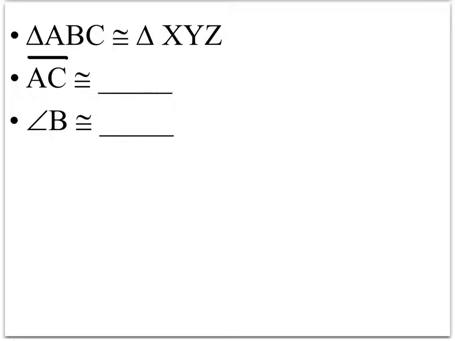That line segment AC is congruent to XZ, since A and C are the first and last letters of the first triangle's name, and X and Z are the first and last letters of the second triangle's name. So AC is congruent to segment XZ. Similarly, angle B, that's the middle letter, matches up with angle Y. So B and Y are congruent to each other.